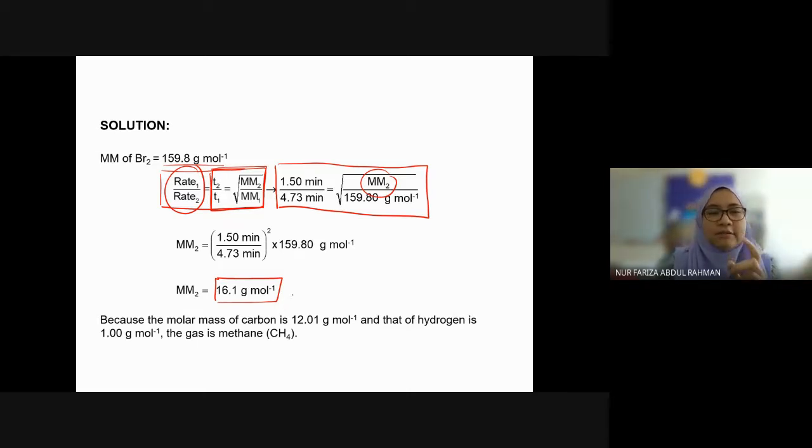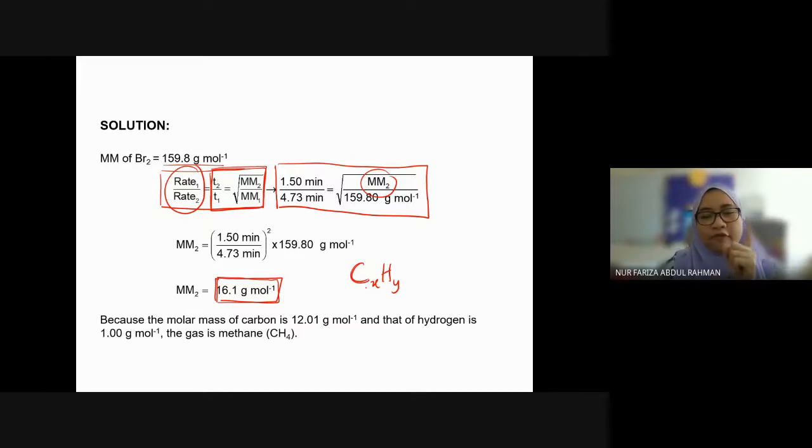So we know that the gas consists of carbon and hydrogen, but we do not know the chemical formula of the gas. So we use this information, the molar mass of this gas, to guide us on how to determine the identity of the gas. Imagine if we have one carbon, we can try and error.